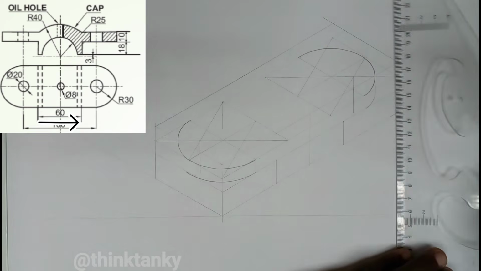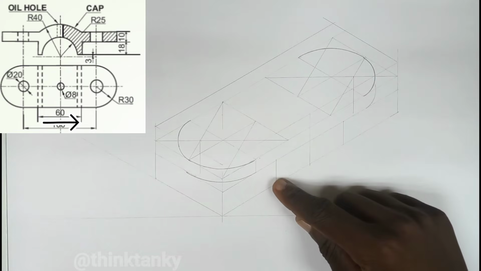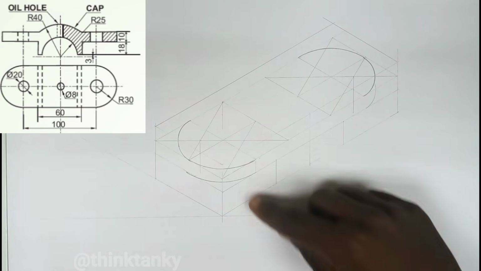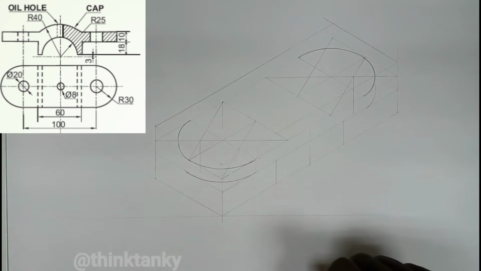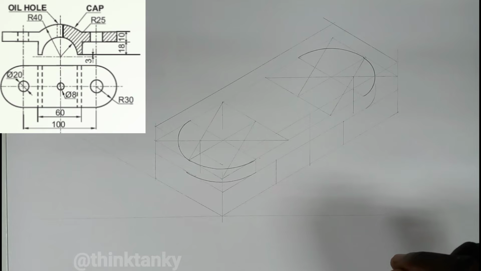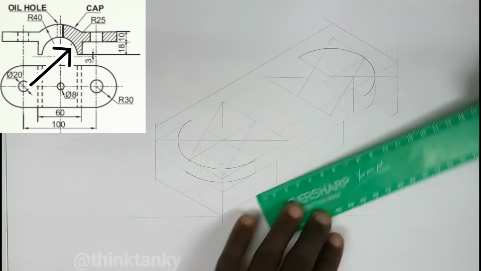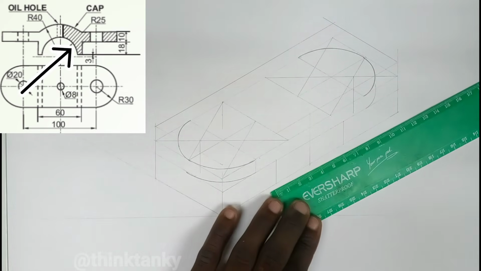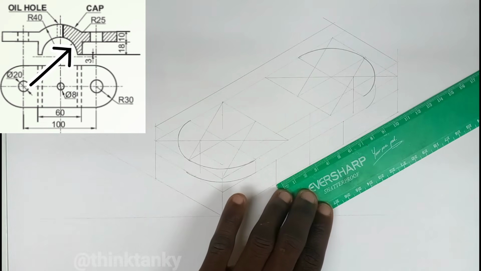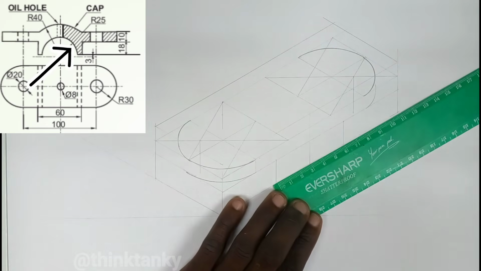Then I have to draw 2 circles here, the smaller one and the bigger one. And I'm going to draw the circles in isometric. So the first circle has a radius of 25. So I have to draw a square with a side of 50.